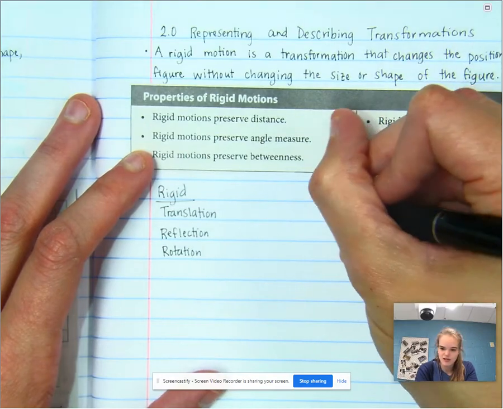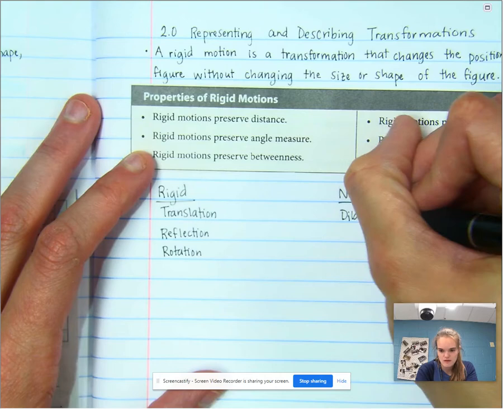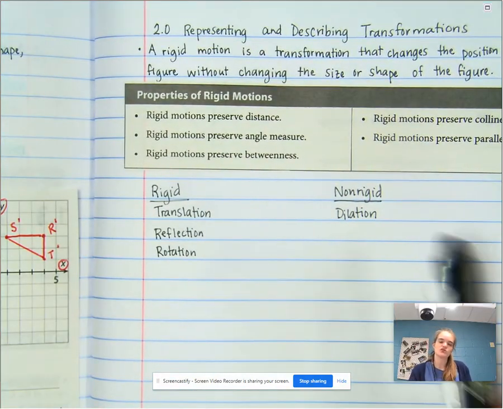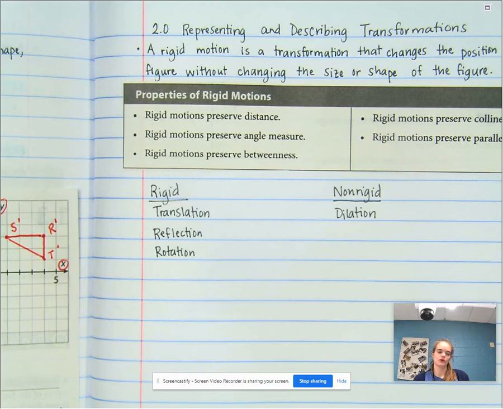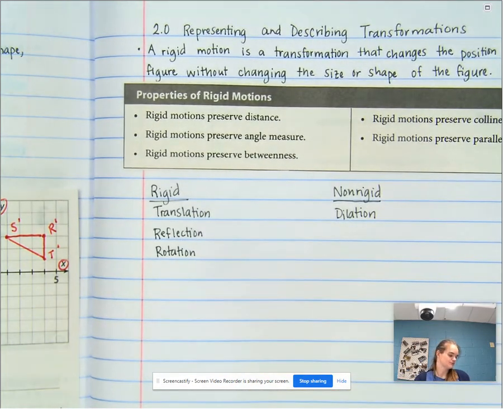Non-rigid is dilation. That's why we actually talk about dilation a lot later, because we group it in with a non-rigid similarity kind of thing, which we'll talk about later. We normally just talk about these for now. We will have some of this today.